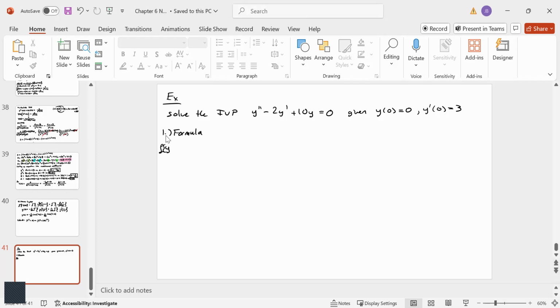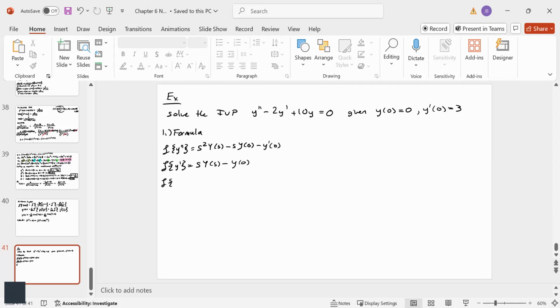Laplace transformation of y double prime is equal to s squared y of s minus s y of 0 minus y prime of 0. Laplace transformation of y prime is equal to s y of s minus y of 0.